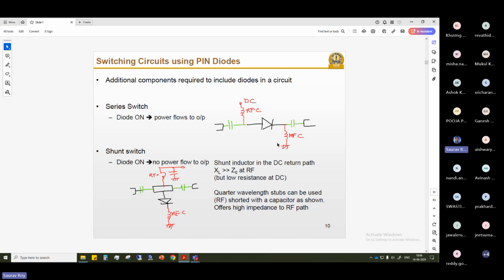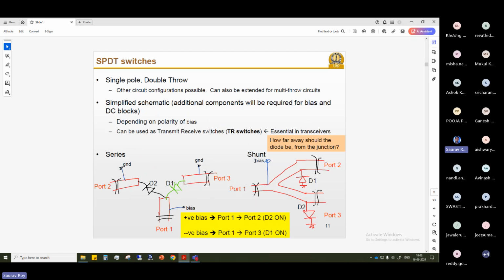That might not be suitable for most applications, because generally you want two different states as well as matching. And as we have talked, in RF the matching is also important, so that is generally achieved through an SPDT switch.